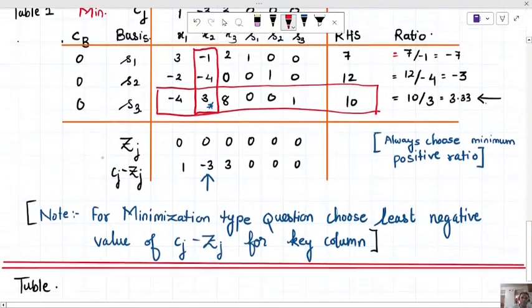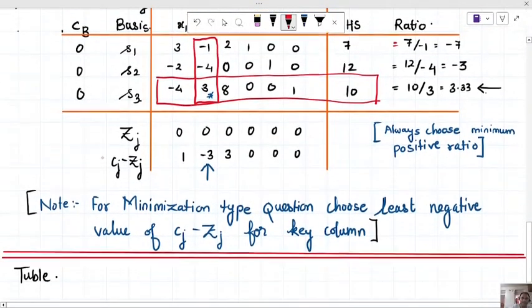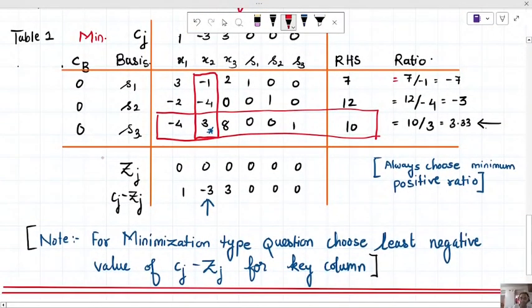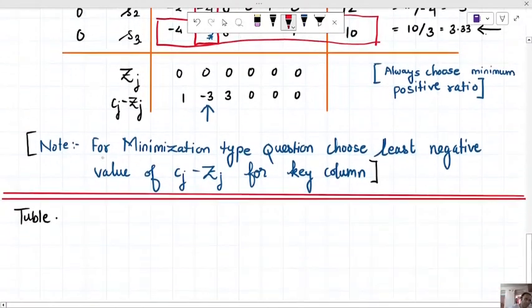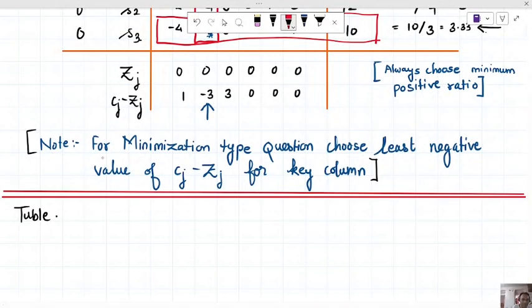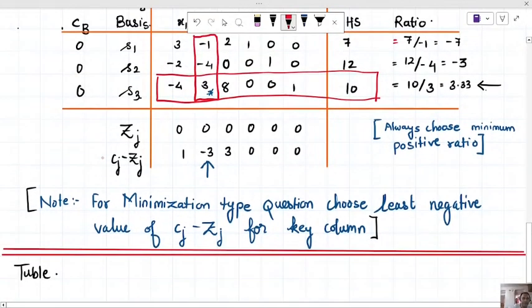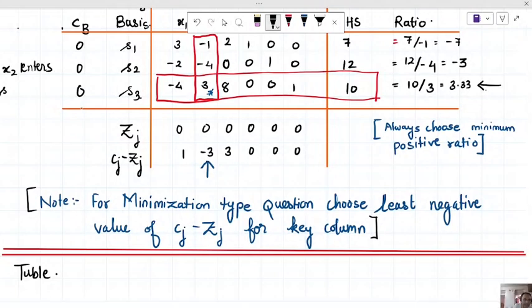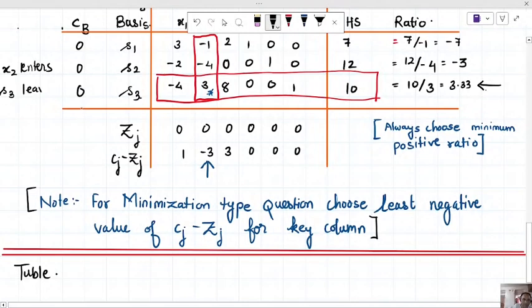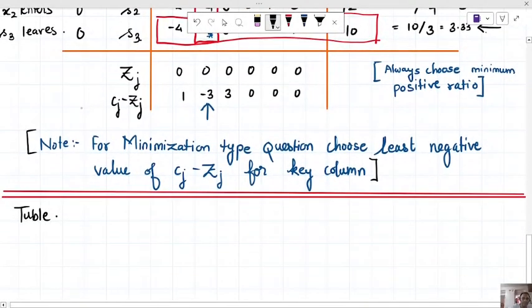So x2 is the entering variable and s3 is the leaving variable. So here we write that x2 enters and s3 leaves.